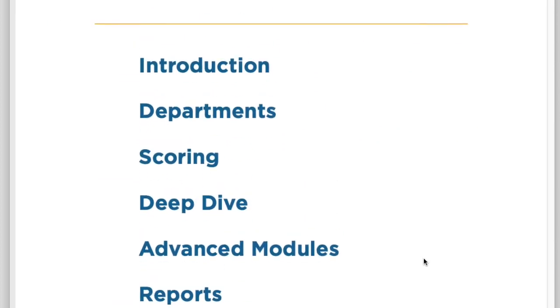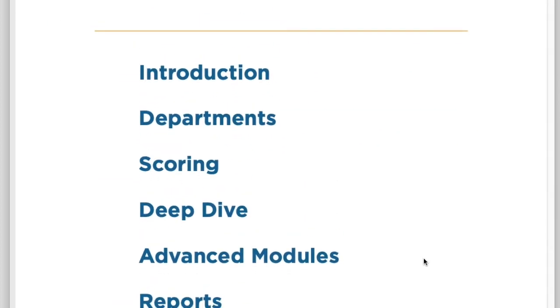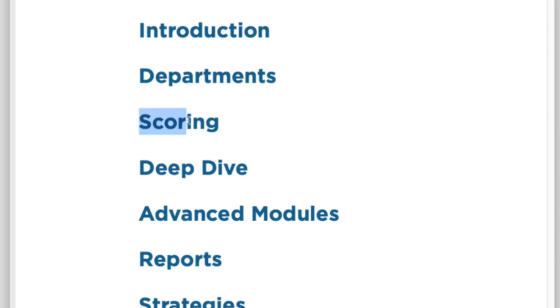If you don't have it, let me know. Email me, I'll send it to you. Make sure you read the scoring part because it will tell you what aspects CapSim expects from you. What are the areas and also the strategies.